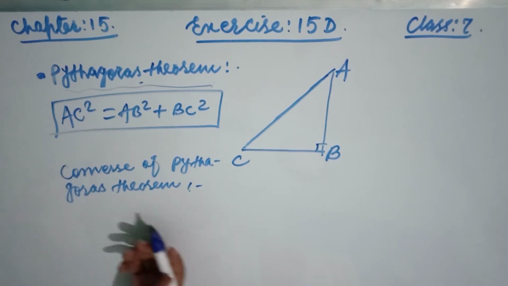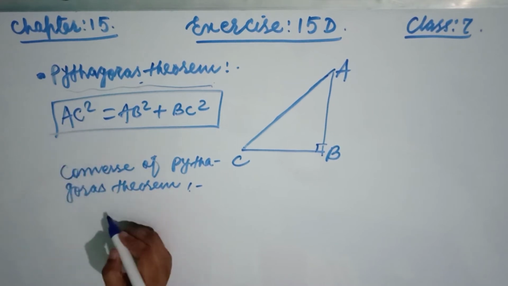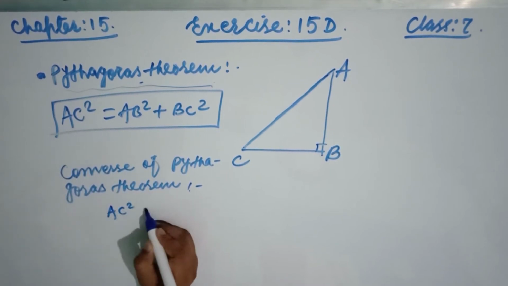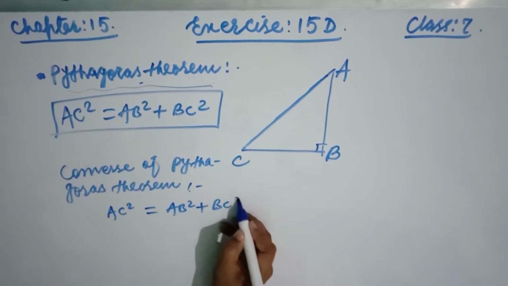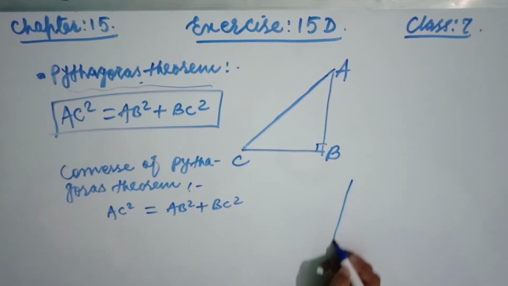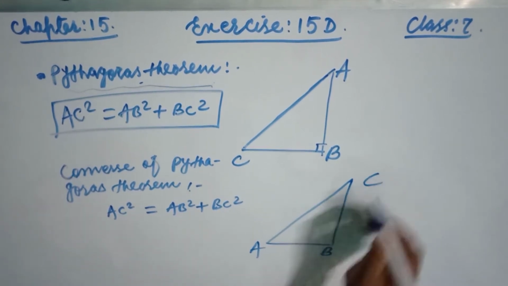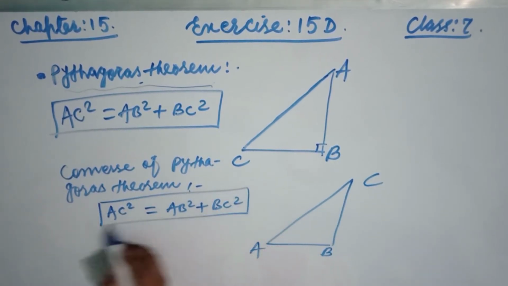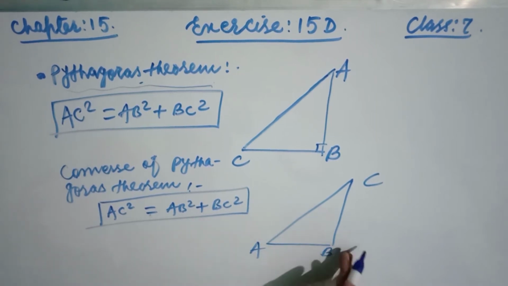That means if a statement is given like the square of one side is equal to the sum of the square of other two sides, then a triangle ABC is right angle triangle. Suppose this is the triangle, A, B and C. Now friends, this statement is given, that means the square of one side is equal to sum of the squares of other two sides, then a triangle is called the right angle triangle.